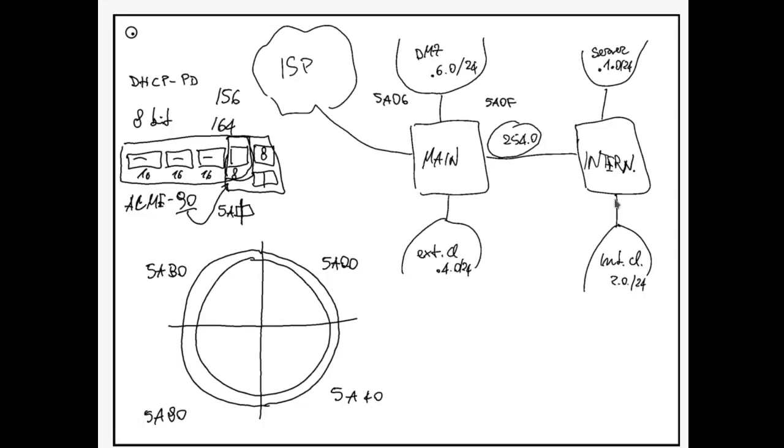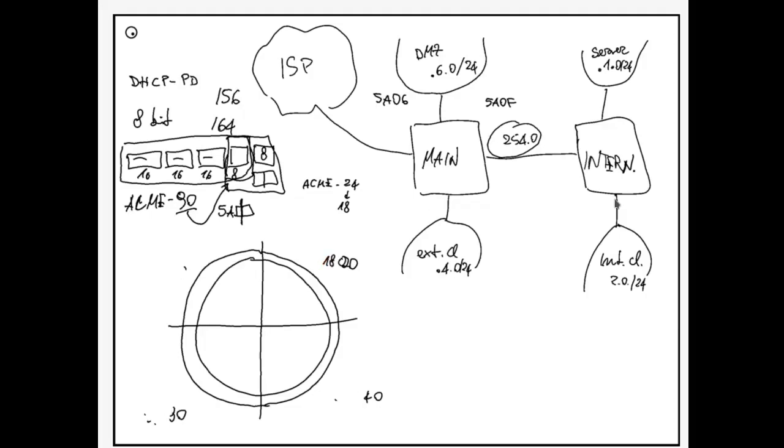So we'll do all the assignment. Instead of using ACME 90, we will use ACME 24. As you can expect, 24 in hexadecimal is 18. So 18 will be the prefix that we will receive from our internet service provider. All this space, instead of 5A, will actually be 18.